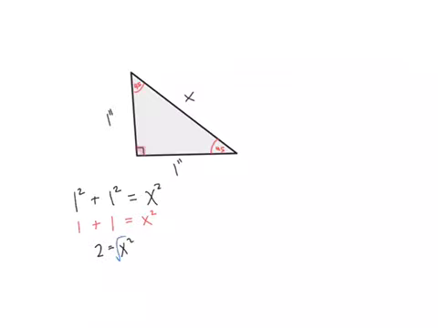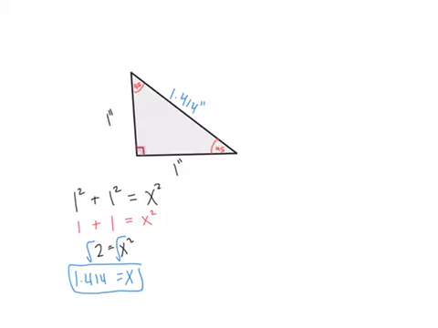Last step is square root both sides. That leaves x alone. And in my calculator, I'm typing square root of 2, and I'm getting 1.414. So that tells me that my diagonal right here for where x is, this would be 1.414 inches, which is just under 1.5 inches.